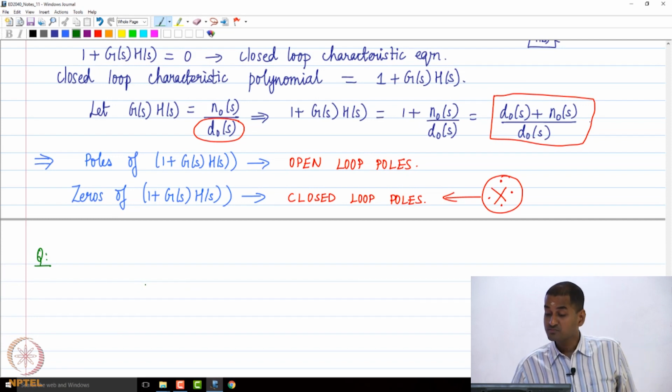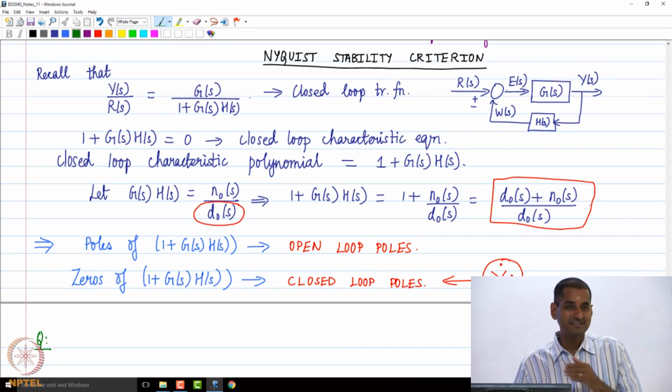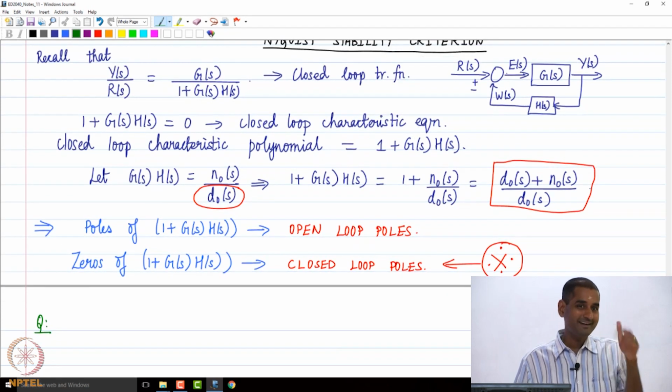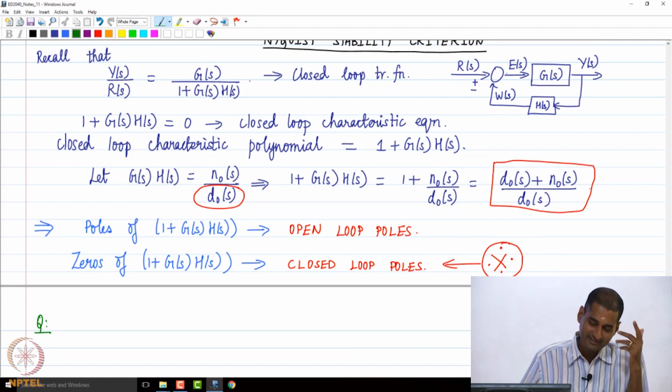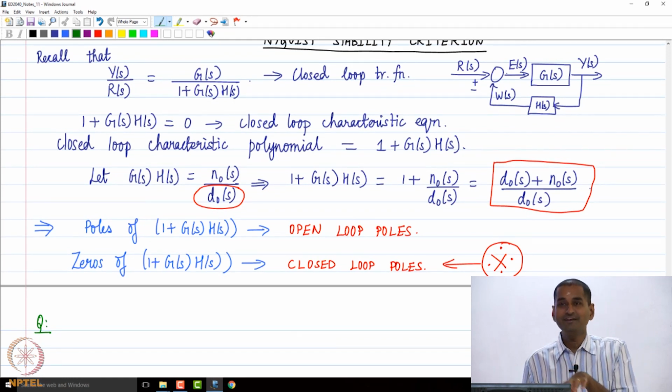Why should they be closed loop zeros? No, but 1 plus G of s is the denominator of the closed loop transfer function, right? I am extracting it carefully, step by step. It is a very natural question, because I am extracting the denominator of the closed loop transfer function, writing it as a ratio of another numerator and denominator, and then processing it.